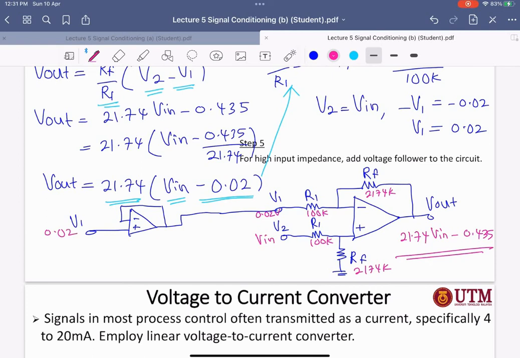This is how you add the voltage follower, right? So in order to make the input have the highest input impedance. Okay, so this one is the V2. And then minus this one from here. Alright. That is the circuit, right?